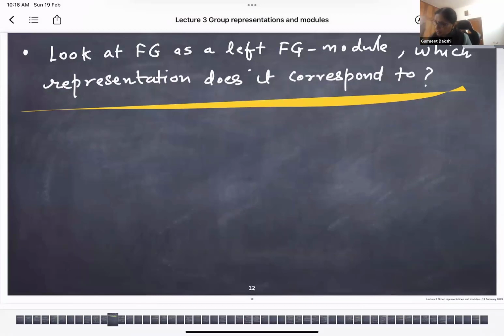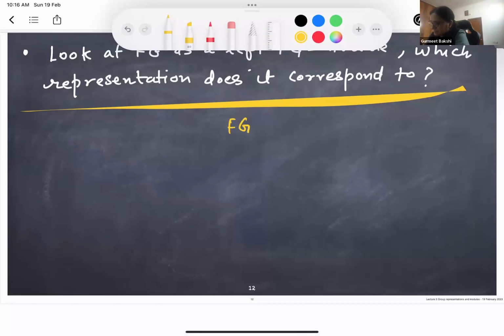Okay, so now I have given you that there is a one-to-one correspondence between representations of G over F and FG modules which are of finite dimension over F. Now look at the group algebra FG as a left FG module. FG can be regarded as a left FG module, and the dimension of FG over F is finite.